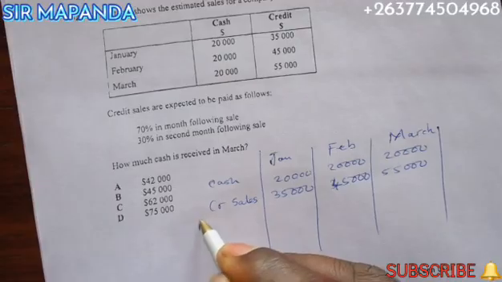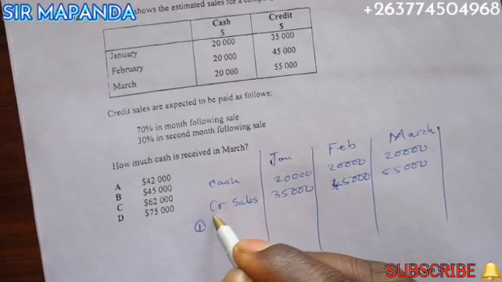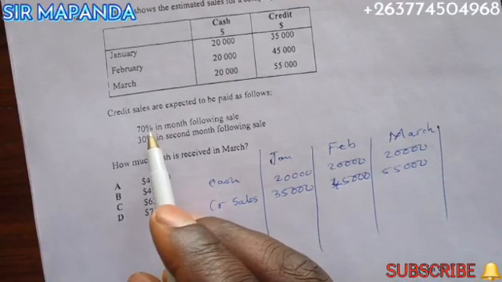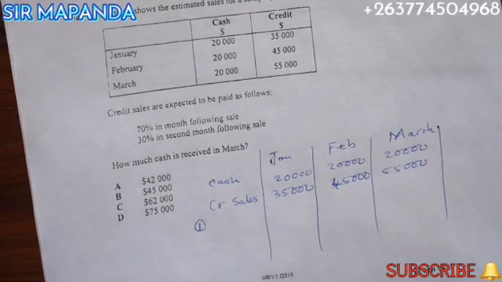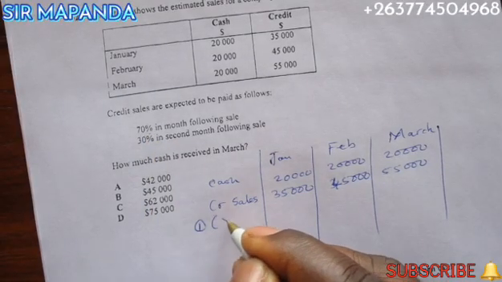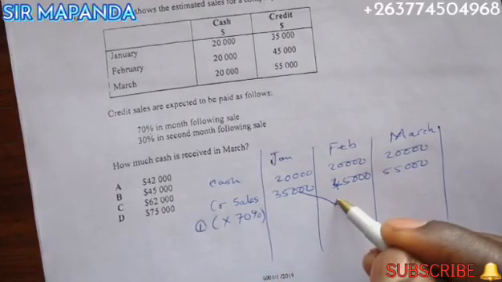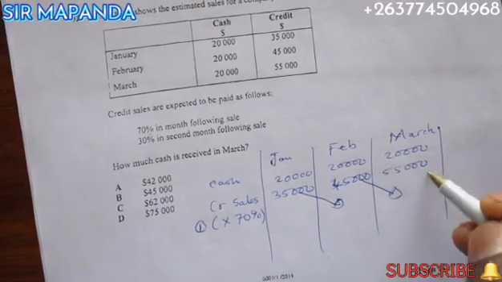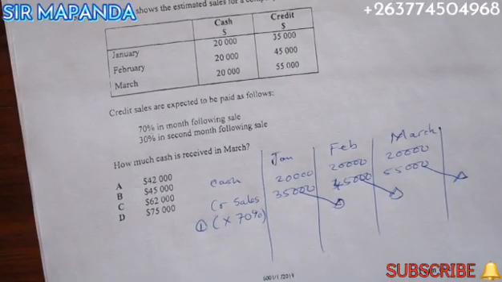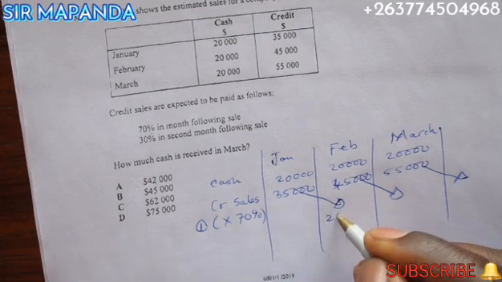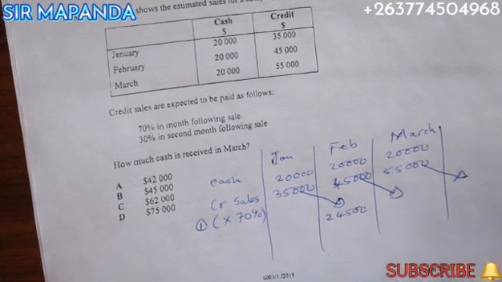So the first group is paying in the following month, and it is paying 70% of the credit. So I'm going to use the formula times 70%. Then I'm going to put the arrows one step. So 35,000 times 70%, you get 24,500, which is a payment to be received in February.